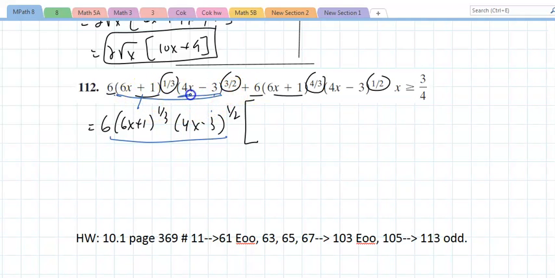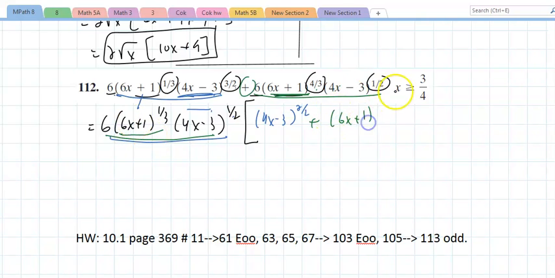When I divide those two, I'll get a 4x minus 3. 3 halves minus 1 half is 2 halves. Plus, when I take the second term divided by this, the 6's cancel out. 6x plus 1 to the 4/3 divided by 6x plus 1 to the 1/3. You subtract the powers. 4/3 minus 1/3 is 3/3, and this cancels out completely.